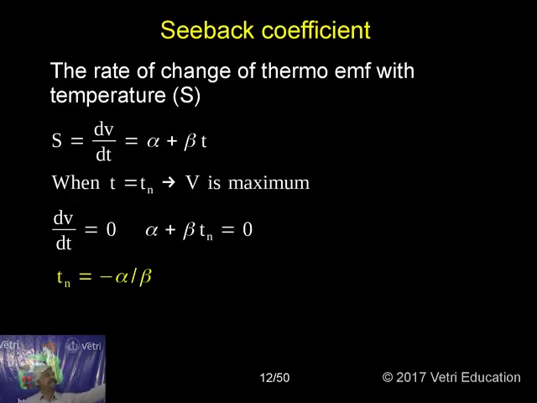The rate of change of thermo EMF with temperature is S, or S equals dV by dT, alpha plus beta T when T becomes Tn. When the temperature becomes the neutral temperature, from the graph V is maximum. The differential of a maximum value is 0. Therefore, alpha plus beta Tn equals 0, or Tn equals minus alpha by beta. This is the thing we have to understand.